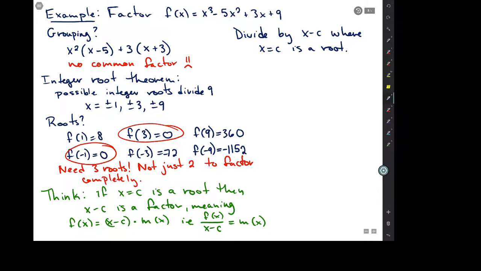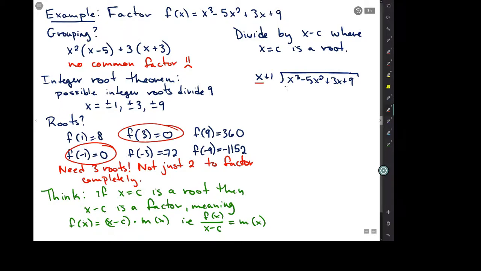So I'm going to do x equals minus 1. So I'm going to divide through by x plus 1, just because it was first, so why not? So I have x cubed minus 5x squared plus 3x plus 9. Again, you could do x minus 3. That would be fine too. So if I look at the leading terms, x and x cubed, I have to multiply by x squared.